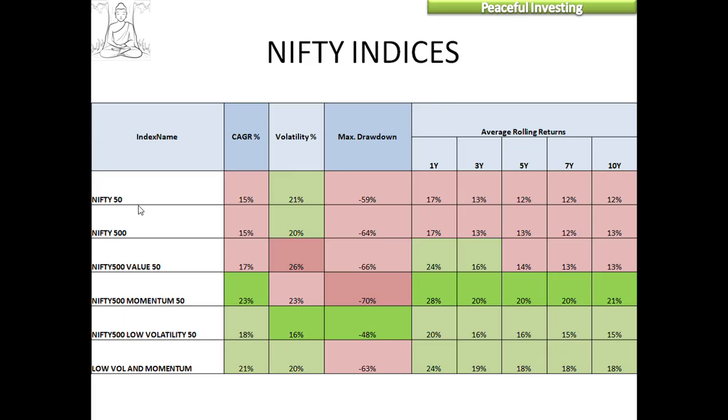So let's talk about how we have driven this. So let's look at the Nifty 50 sheet. What we have done is we have taken the daily value of Nifty 50 from 1st April 2005 till last Friday, 4th July 2025.